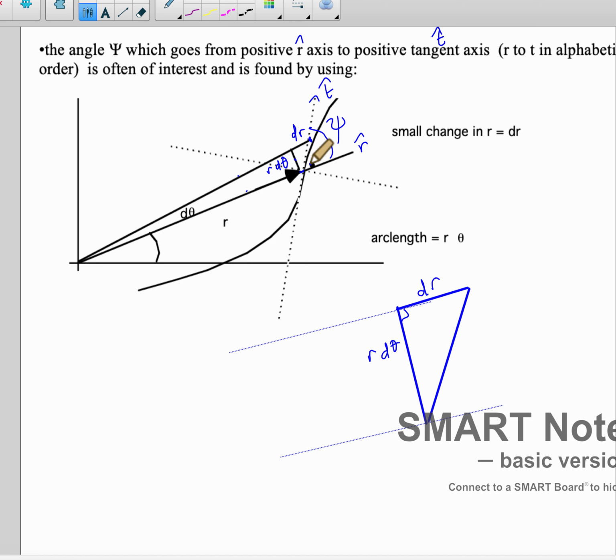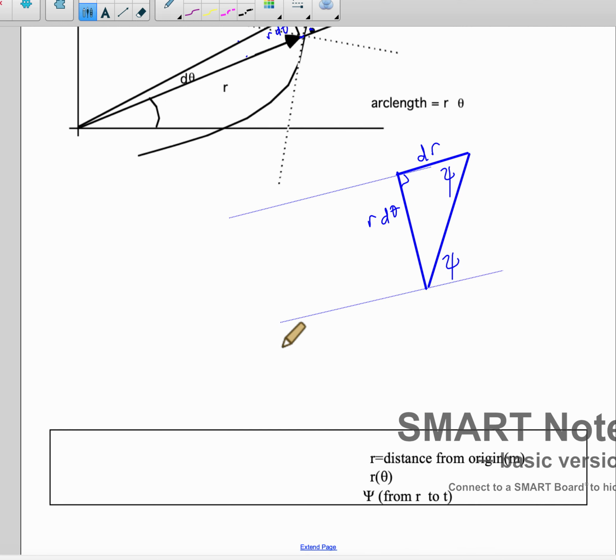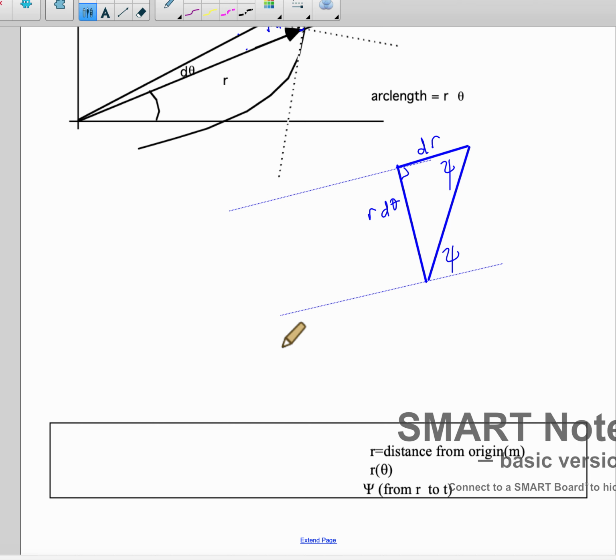Then we can apply the parallel lines theorem, and this angle here, which is psi, will be the same as this angle up here. So down here, this is psi, and therefore so is this. So we can thus conclude, using this right angle triangle, that the tangent of this angle, the radial tangential angle, equals r d theta over dr.